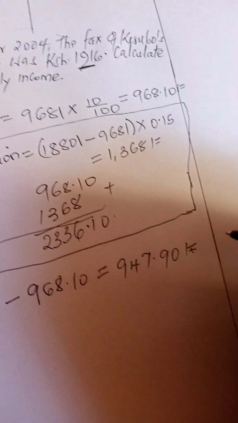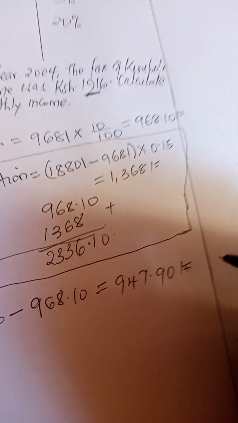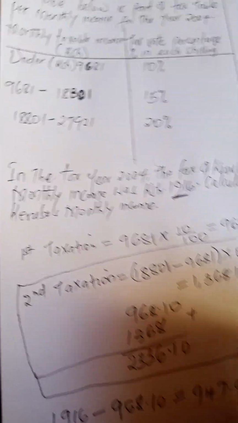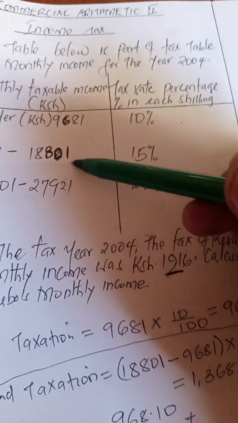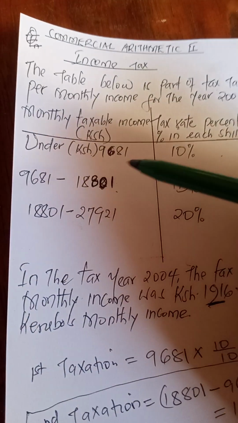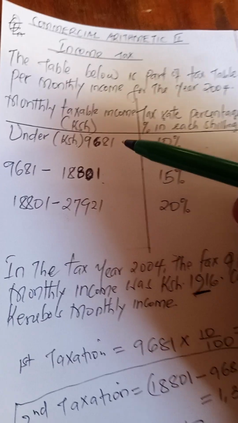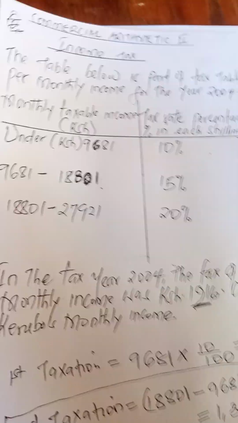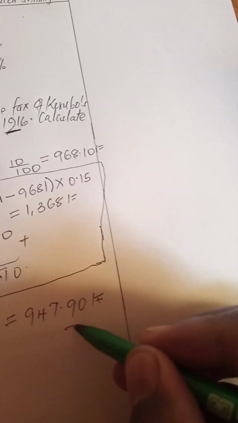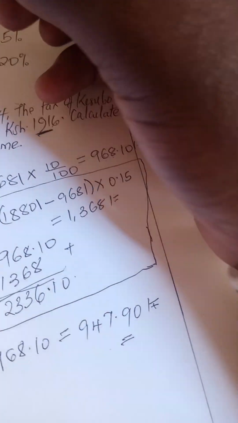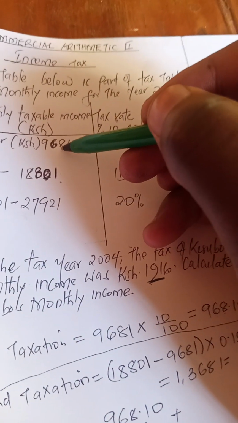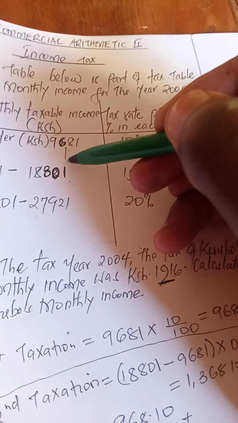So we are going to form an expression. If you come back to this taxation table of ours, the remaining tax, which is 947 and 90 cents, is supposed to be charged between the first band and the second band.